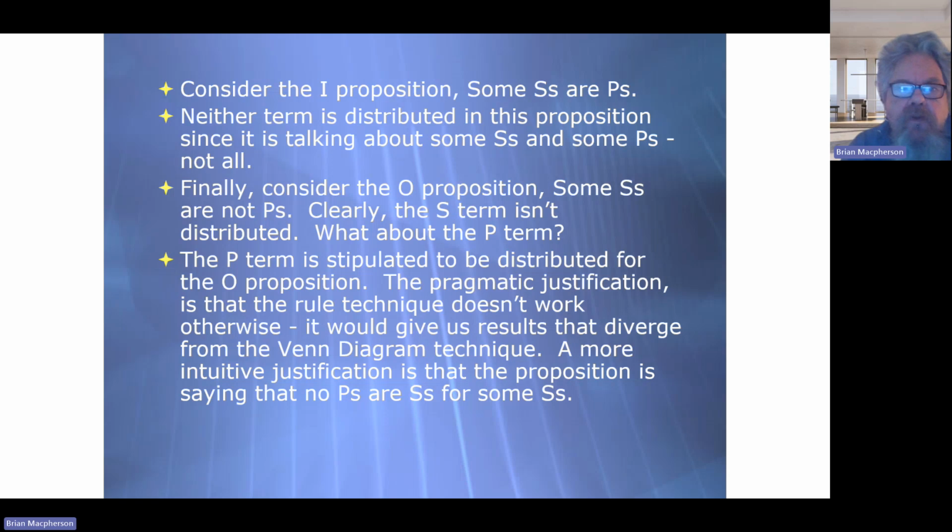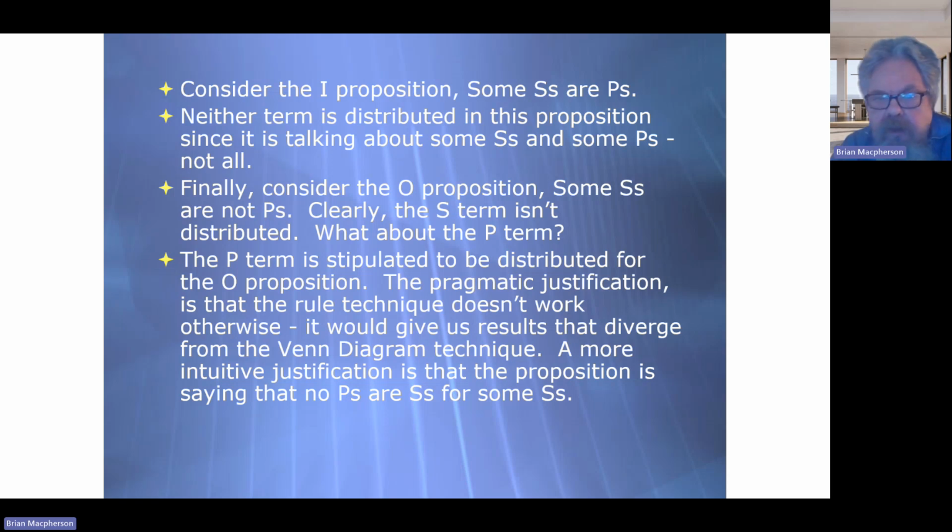Now let's go to the O proposition. The O proposition: some S's are not P's. Clearly the S term isn't distributed because it's only talking about some S's. What about the P term? Well, just take this on faith, an article of faith. In an O proposition, the predicate term is regarded as being distributed. As I say here, the P term is stipulated to be distributed.